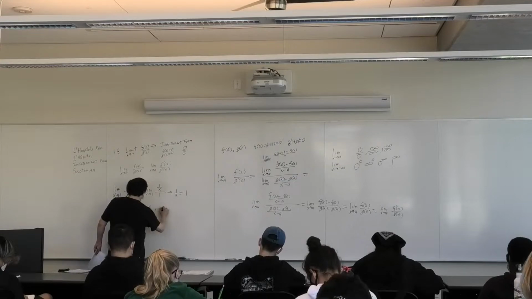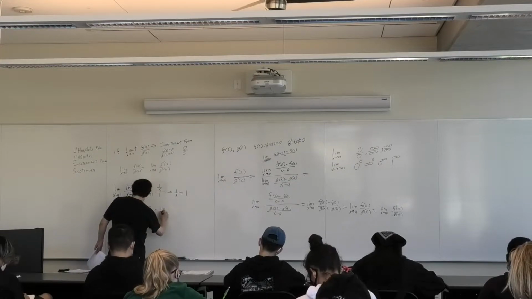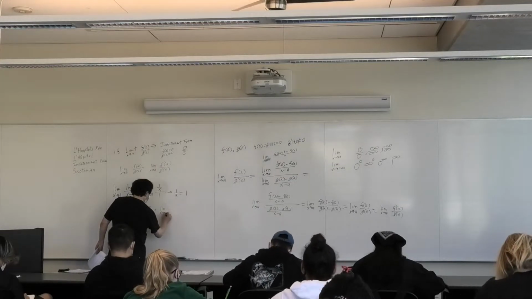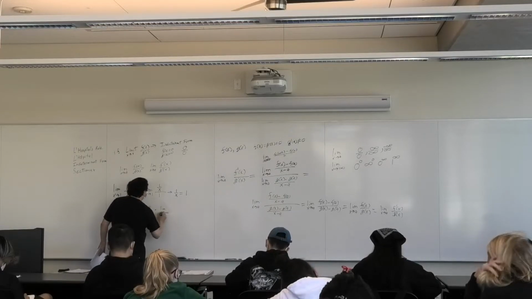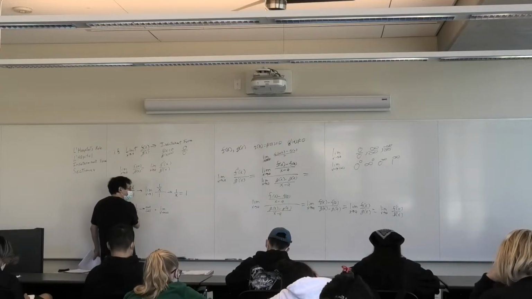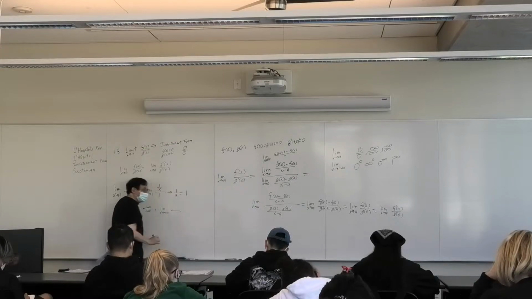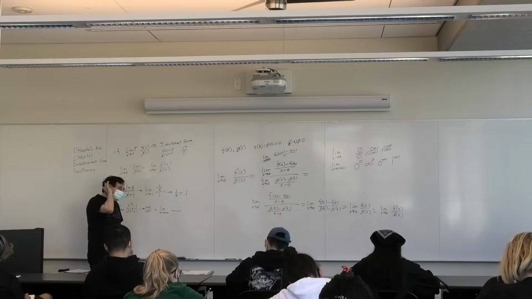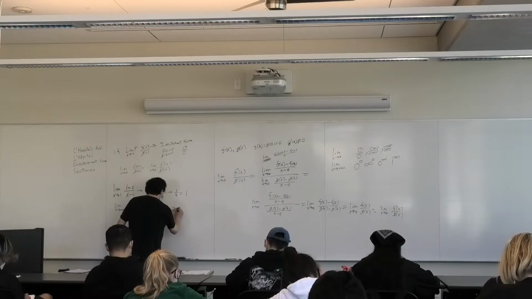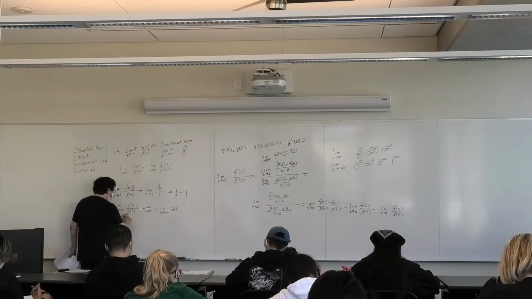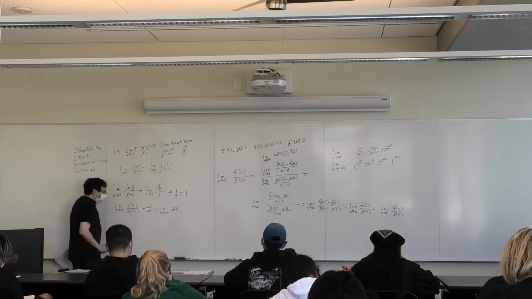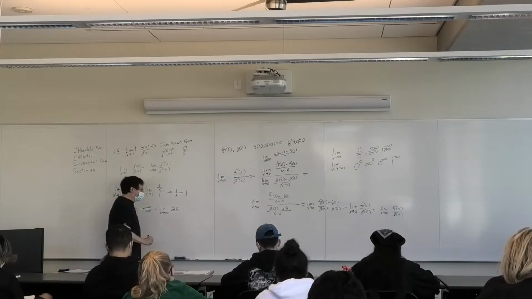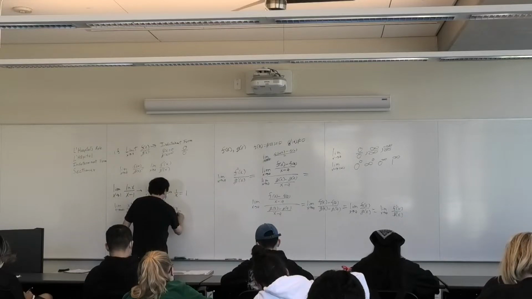We're going to get the limit as x approaches infinity of, the derivative of x squared minus 1 is 2x. Derivative of 2x squared plus 1 is 4x.